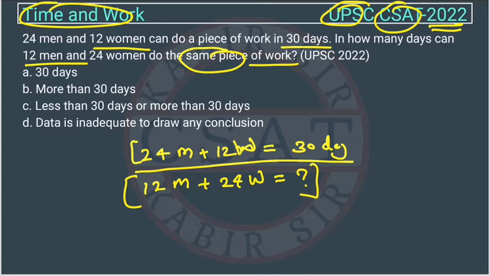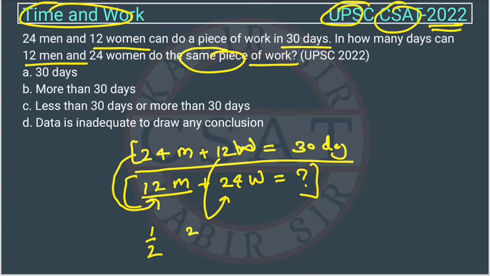If the ratio or the proportion of change is the same, then we can make some inference. Like from here, 24 to 12, the men are becoming half, but here the women are becoming twice, right?